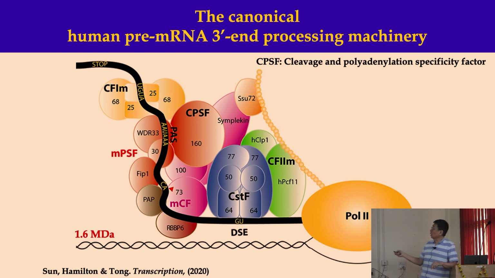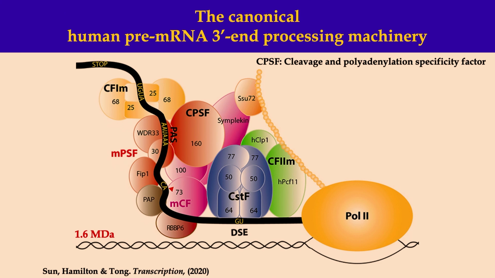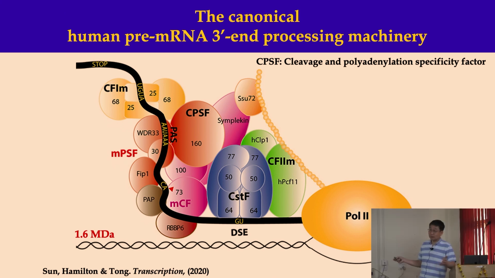CPSF means cleavage and polyadenylation specificity factor. Again, just like yesterday, the alphabet soup. Don't blame me, I didn't name them. That's, I guess, biology, right? In this field there are these acronyms, so hopefully you get familiar. CPSF, you can see, is involved in cleavage and polyadenylation.